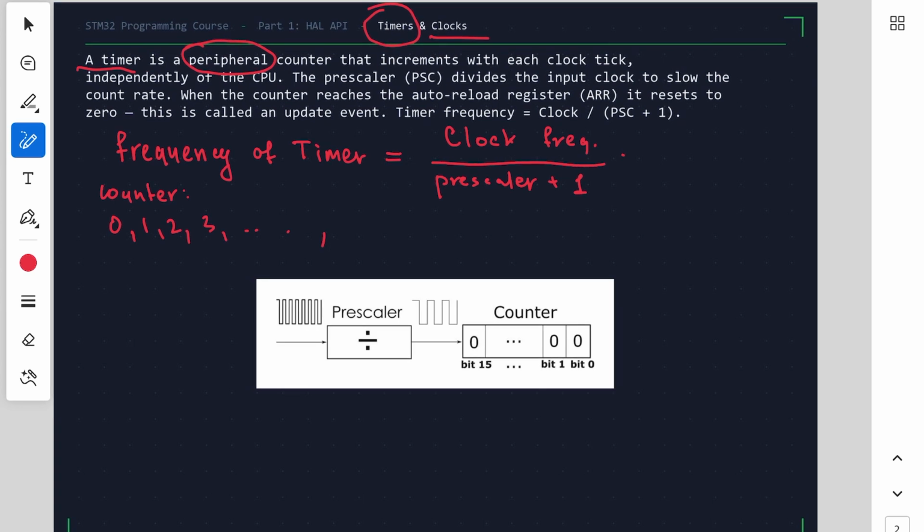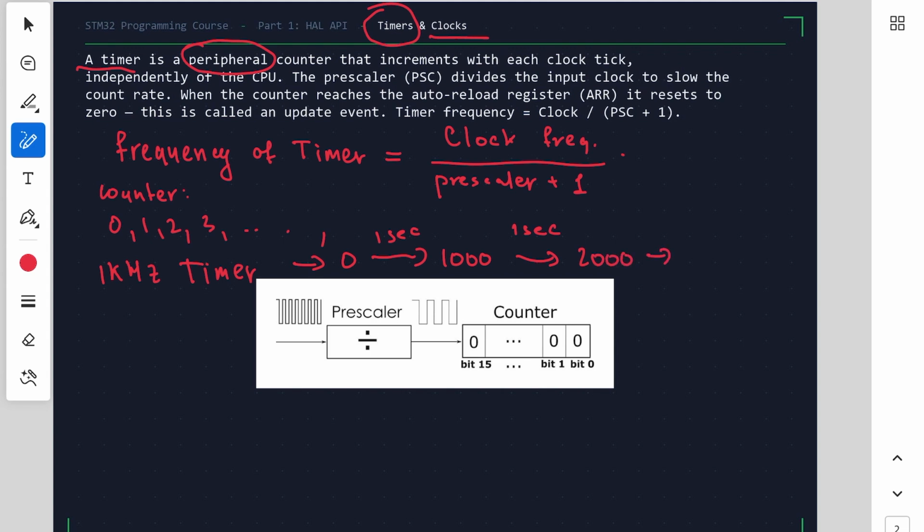So if we have a timer running at 1 kilohertz, every second the counter is incremented by 1000. At the beginning it's 0, 1 second passes, it becomes 1000. 1 second passes, it becomes 2000, and so on and so forth.